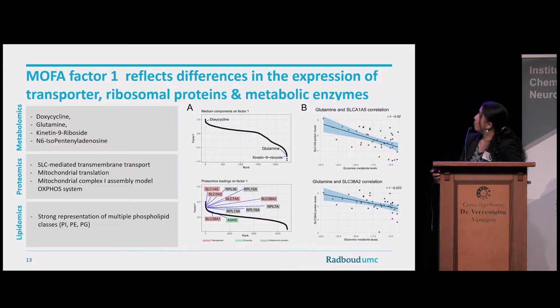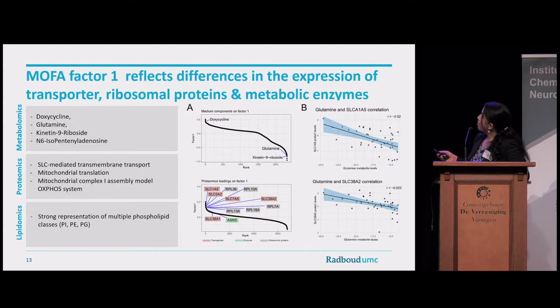Mainly what we see here is doxycycline and glutamine. These are components of the nutrient medium. So we infer that there could be variation in how these metabolites are transferred and metabolized by the cells. Next, kinetin 9 riboside and isopentenyl adenosine. These are also crucial metabolites that are part of the cell growth pathways.